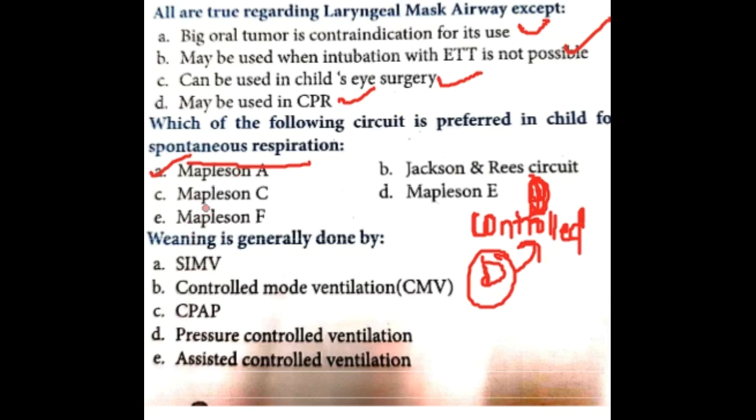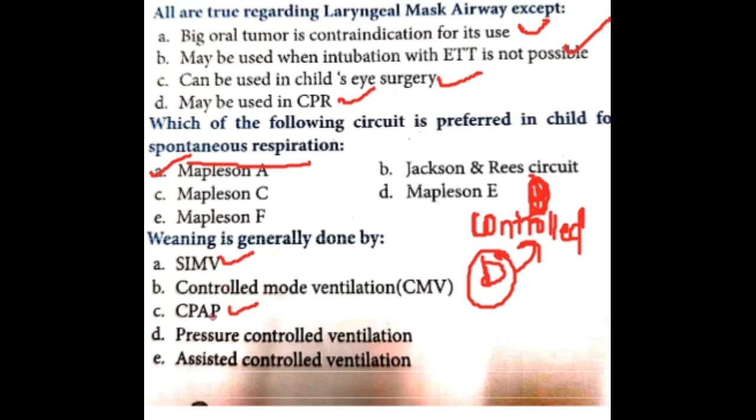Next question. Weaning is generally done by synchronized intermittent mandatory ventilation. Continuous positive airway pressure ventilation, you can also do weaning.